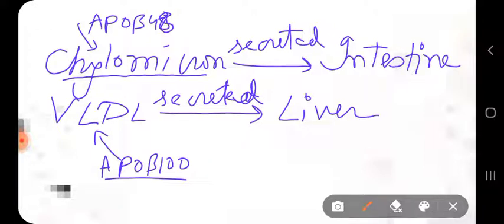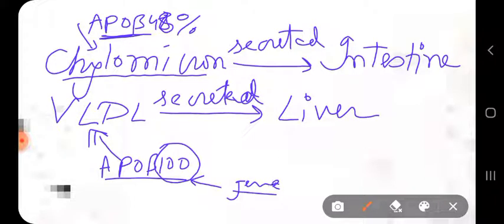Apolipoprotein B48 is so called because it constitutes 48% of the sequence of apolipoprotein B100. That means this apolipoprotein B48 has 48% of the gene which codes for the apolipoprotein B. And apolipoprotein B100 refers to the whole gene which codes for this protein.